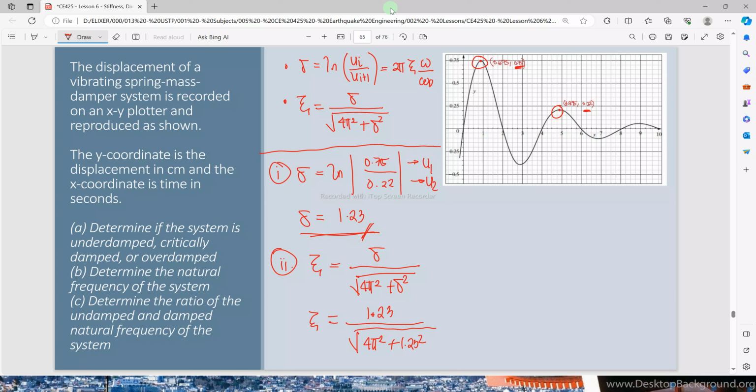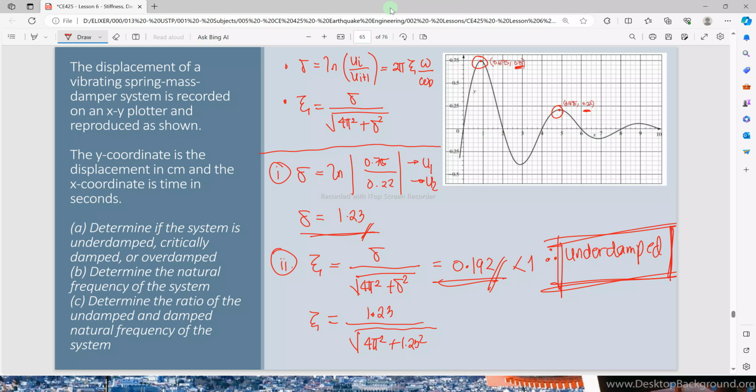So we will have our damping ratio, which is equal to 0.192. Since we got the damping ratio, and this is less than 1, therefore the system is underdamped. From this one, we get the damping ratio by the logarithmic decrement. So we have answered A.